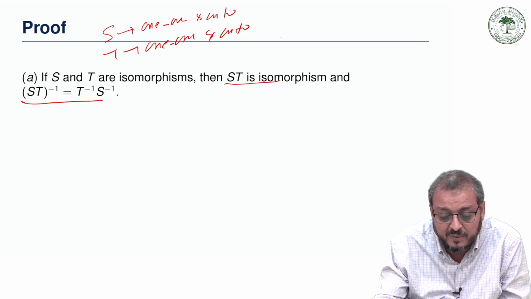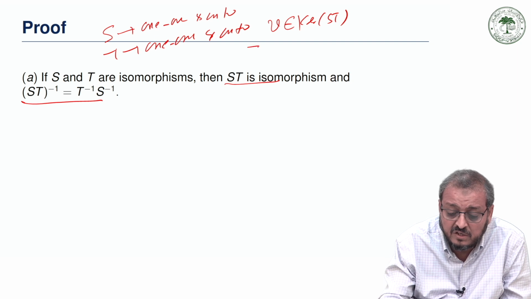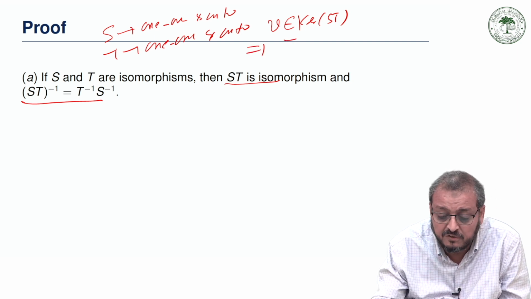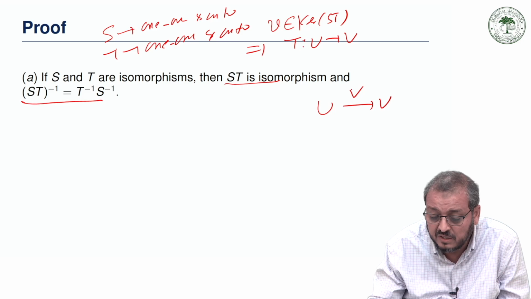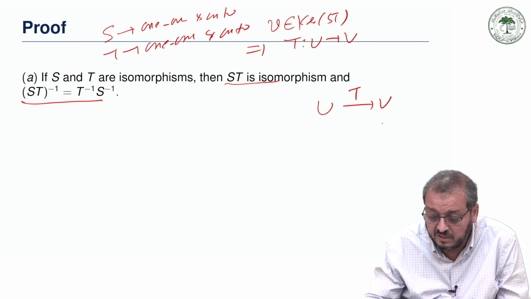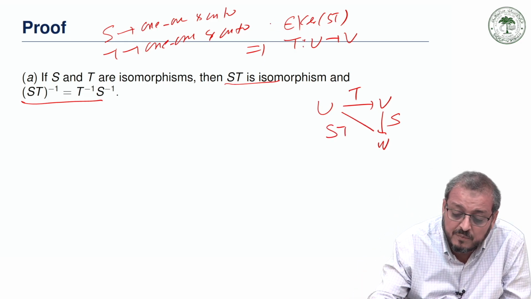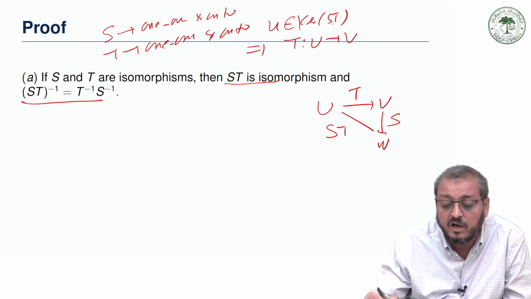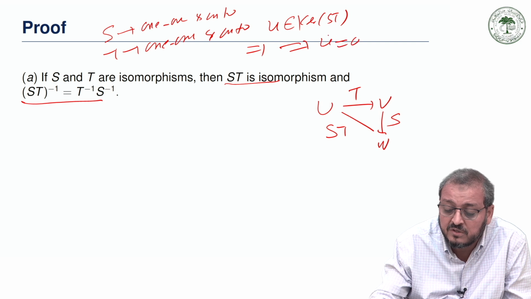One of the methods is to take any element of the kernel of ST. T goes from U to V, and then S goes from V to W, so we have the composition map ST from U to W. So we take some element u belonging to the kernel of ST. Then we try to show that this u is equal to 0.